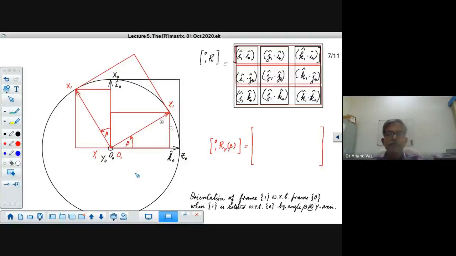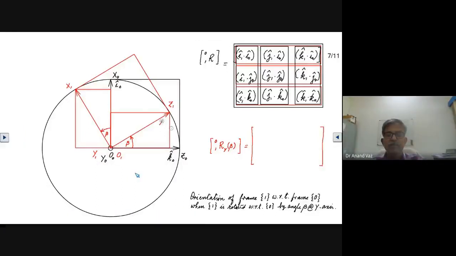Here we will have j, so here we'll have k1, and here we will have this unit vector as i1. So we have got all the unit vectors, and so we are set now. The two unit vectors j0 and j1 are coming out of this plane towards the observer.